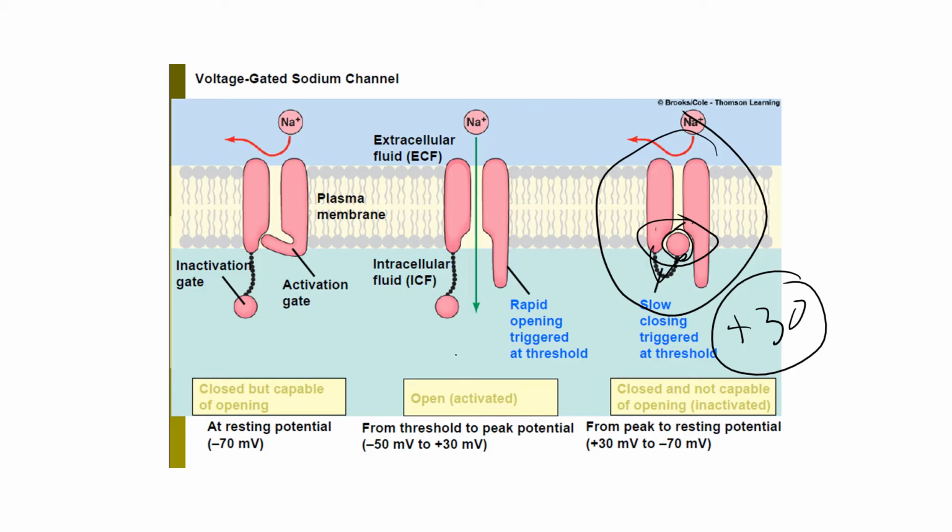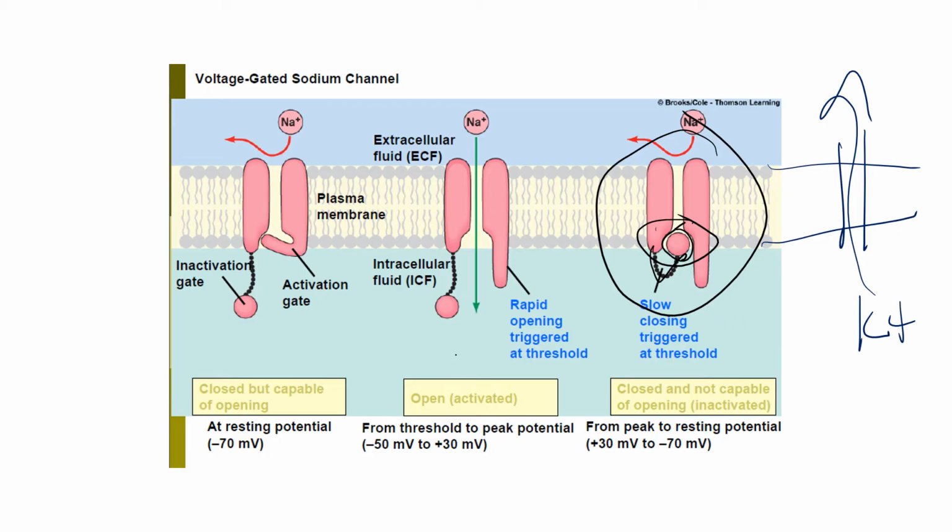Simultaneously, the voltage-gated potassium channels would be open at positive 30, and potassium would be shooting out through its chemical and electrical driving force and repolarizing the interior from positive 30 back towards negative 70. The reason at negative 55 millivolts that the voltage-gated sodium channels don't open again is because the inactivation gates are shut.